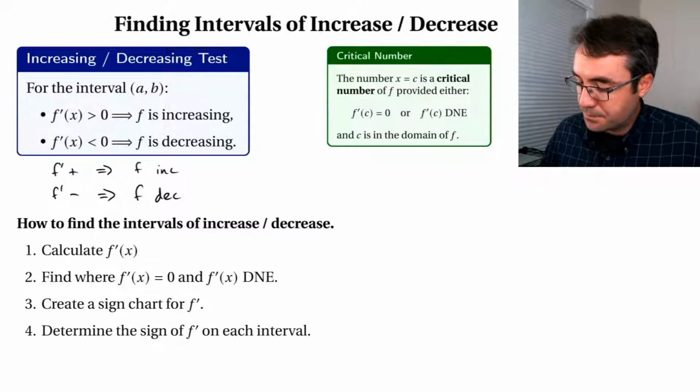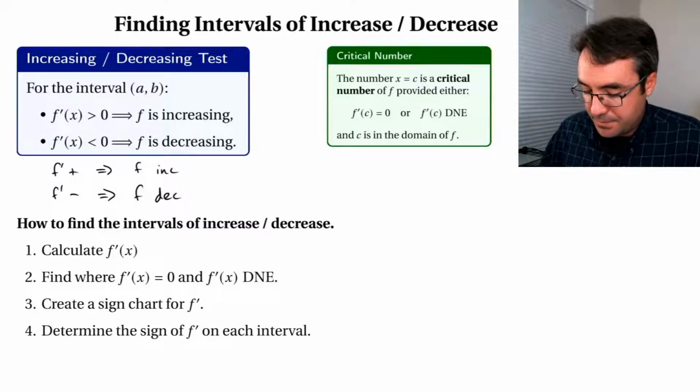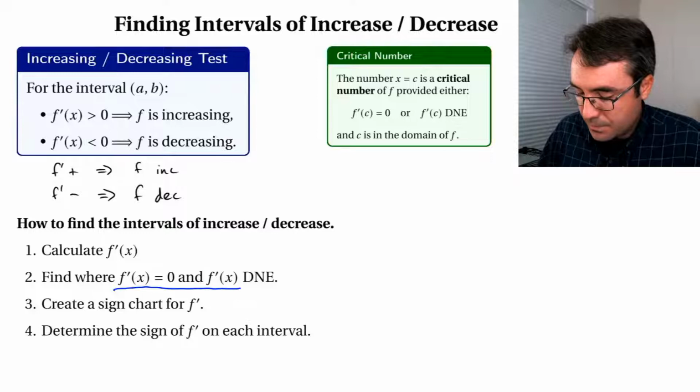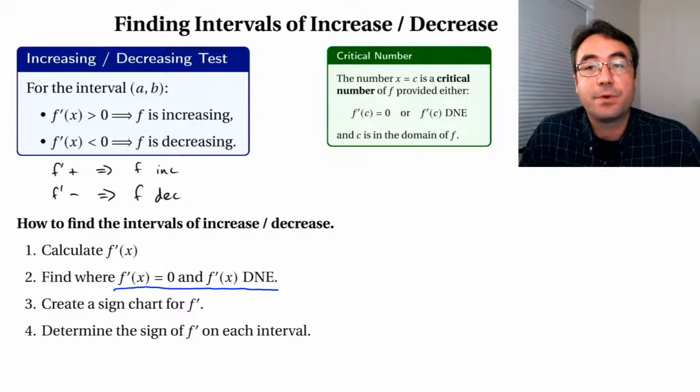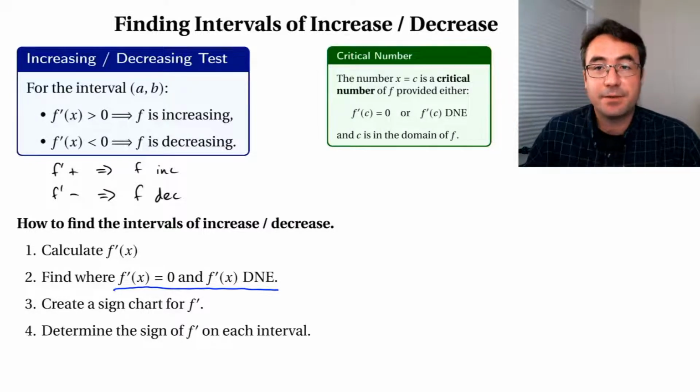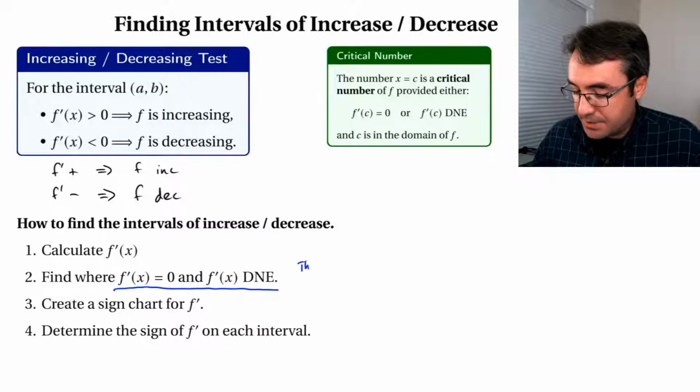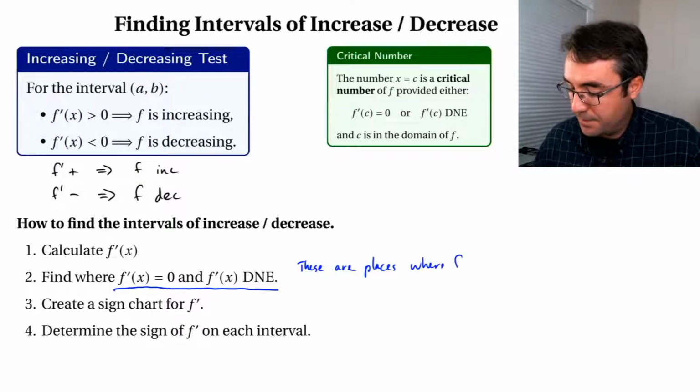We see these gadgets again. We want to know where the derivative is equal to 0, and we want to see where the derivative is undefined. And why we're so interested in figuring out where f prime is positive and where f prime is negative, these are the places where f prime can switch signs.